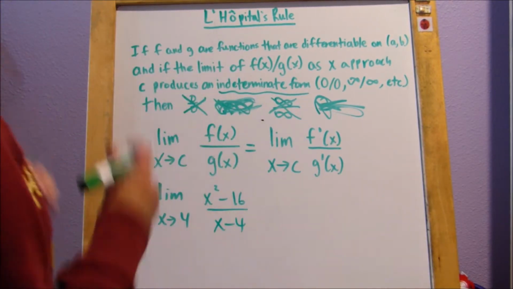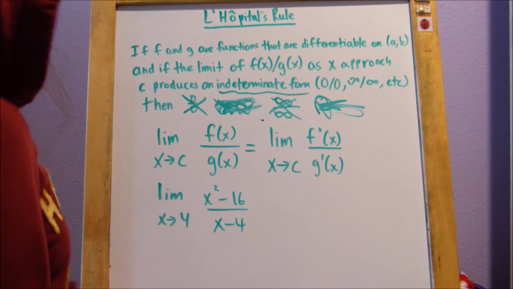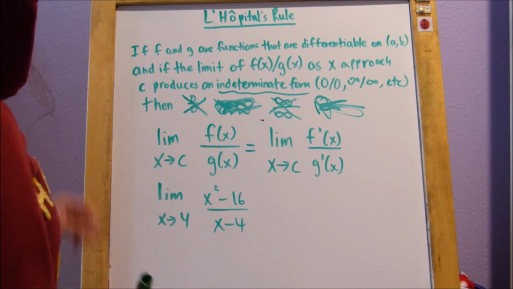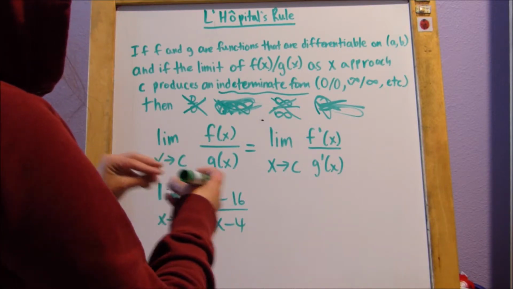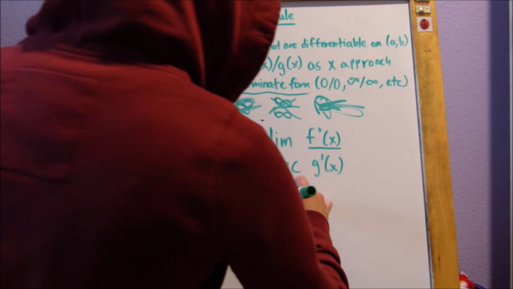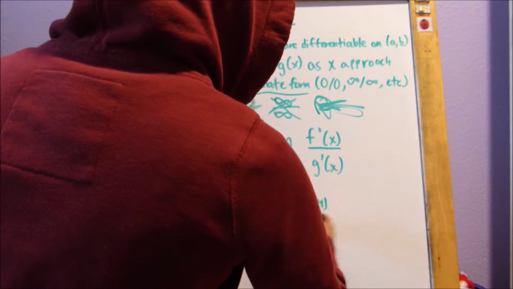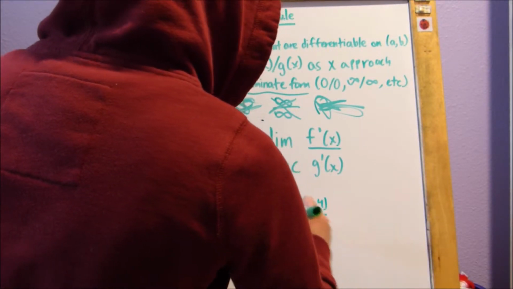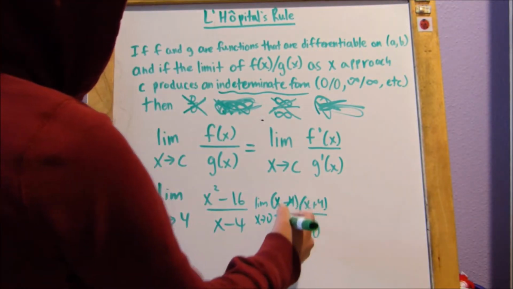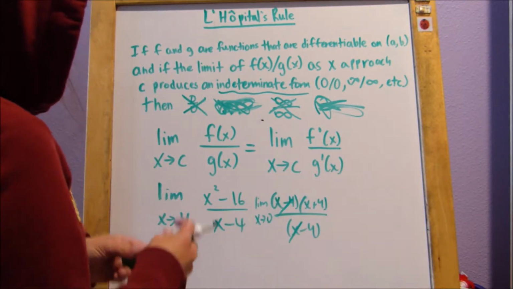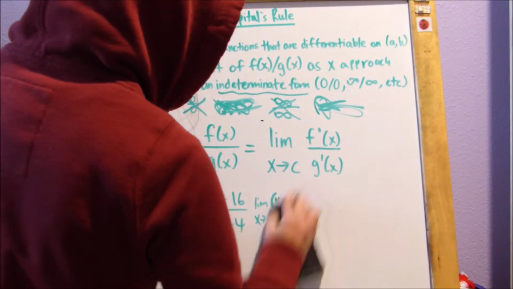You could use L'Hopital's rule, because if you were to plug in, you get 0 over 0. But really, in this case, what you should do is factor out stuff. So this would end up being (x minus 4)(x plus 4) over (x minus 4). Then this stuff would cancel out, and you plug in, you get 4. You could always do that, right?